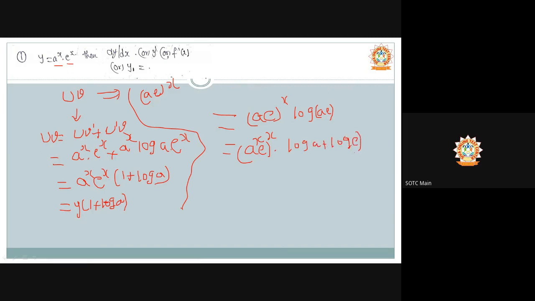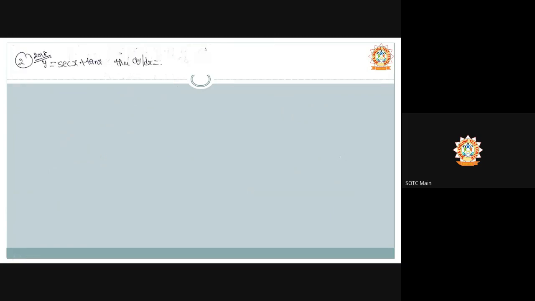So this can be written as a power x, e power x as y into 1 plus log a, since log e is 1. So you will get the same answer. Clear? Right. Let us move to the next question.